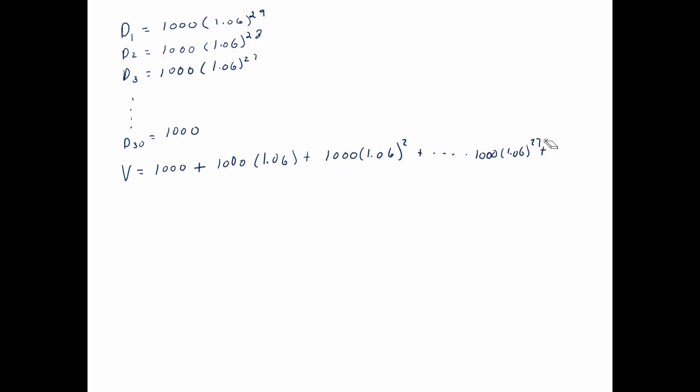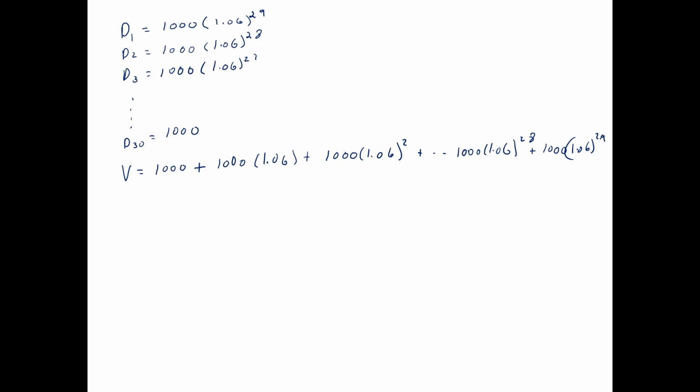Let me go ahead and start over a little bit. Can't write all 30 of them down, because then we have 1,000 ... to the 28, and then plus 1,000 times 1.06 to the 29th.